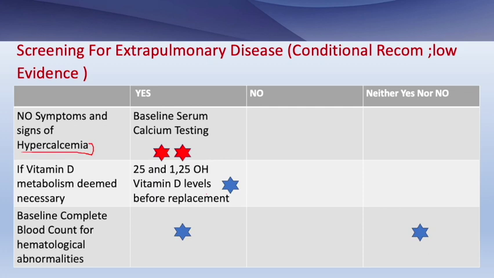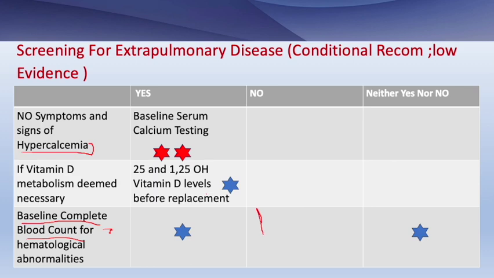The third factor here is CBC, or baseline CBC, a test which looks almost non-troublesome. We do a baseline CBC for most patients, but although it is recommended as a screening test, we must know why. And the reason is that there may be a lot of hematological abnormalities.